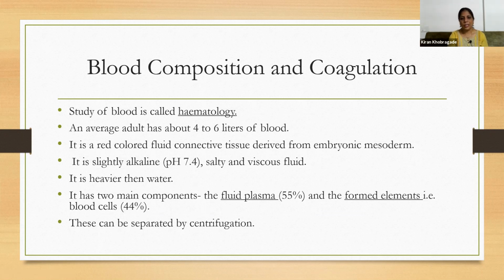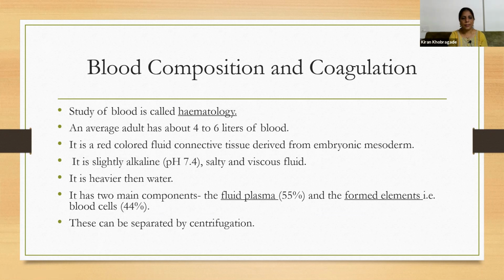Then it is salty and it is a viscous fluid. Viscous means thick fluid-like structure. Okay, so blood is alkaline, having pH 7.4. It is salty and viscous. It is heavier than water. Obviously, when it is thick, it will always be heavier than water.